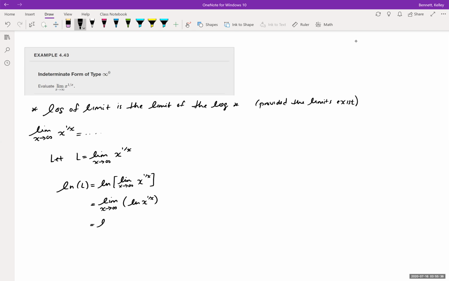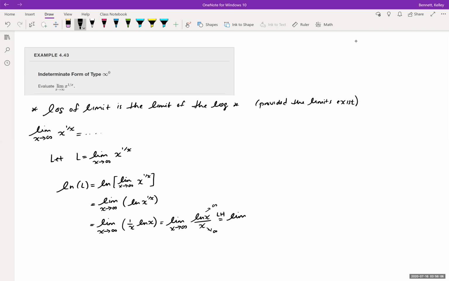So I get the limit as x goes to infinity of 1 over x ln x, which I'll write in terms of a fraction. So this goes to infinity, this goes to infinity. Okay, so because we're in this indeterminate form, I can apply L'Hopital.